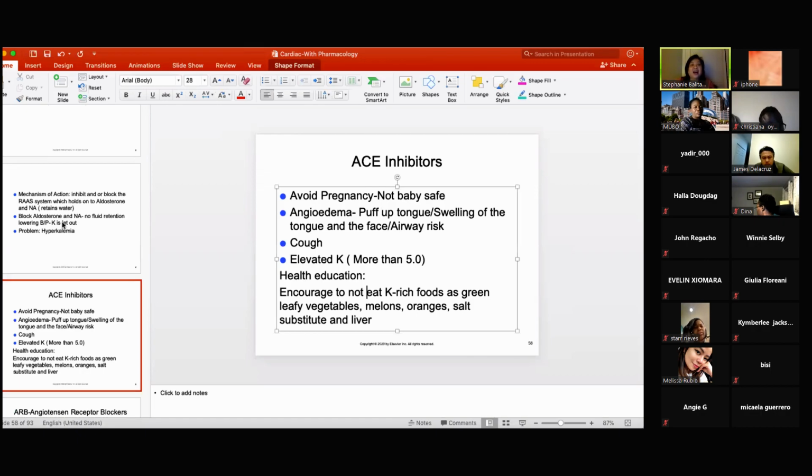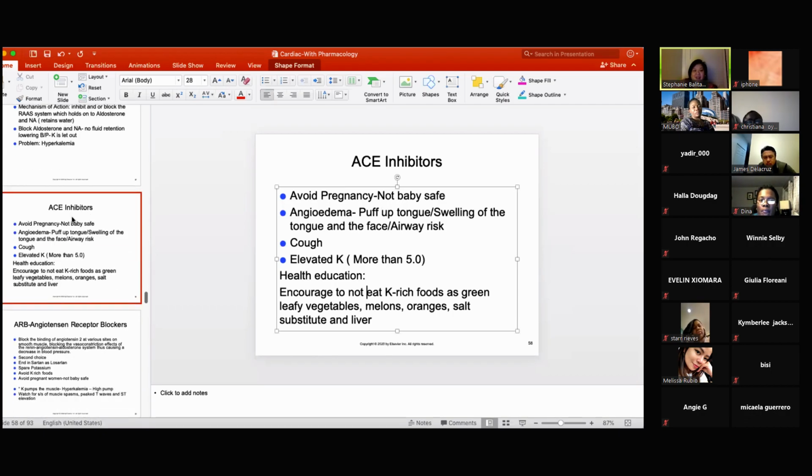So you will have to watch out for hyperkalemia, potassium levels that are higher than a 5.0. So remember, no pregnancy. Angioedema is specific to lisinoprils also. And you have this cough for some reason. So they should not be eating potassium-rich foods for these people.